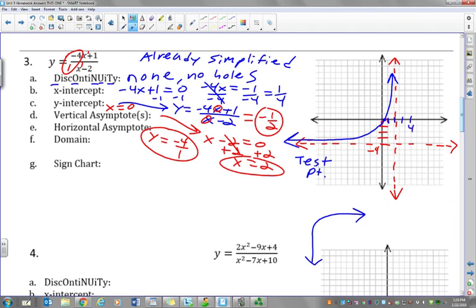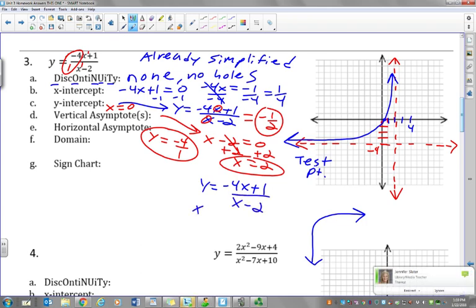So why don't we go ahead and use x equals 4. So we're going to go back to our equation, which was y equals negative 4x plus 1 all over x minus 2. And then we're going to plug in x equals 4 everywhere we see an x. So we're going to plug in a 4 right here in parentheses and a 4 right here. And that's going to be negative 16 plus 1 is negative 15, all divided by 4 minus 2 is 2.